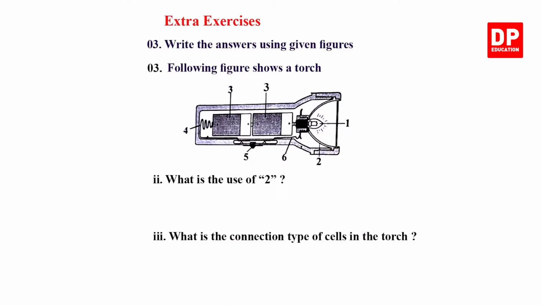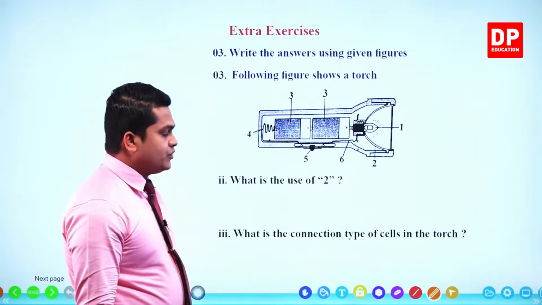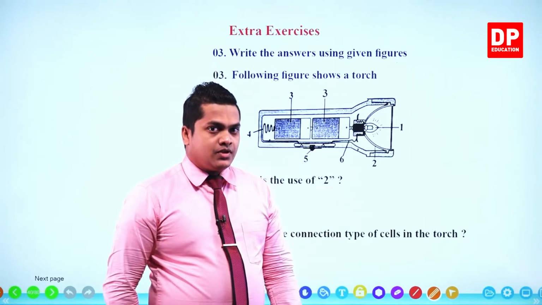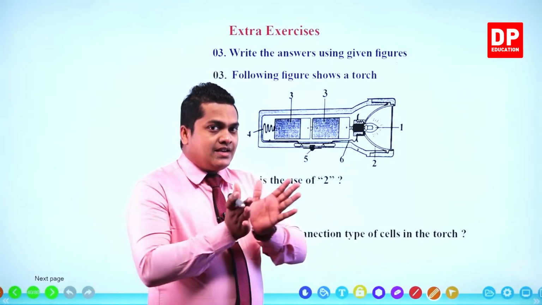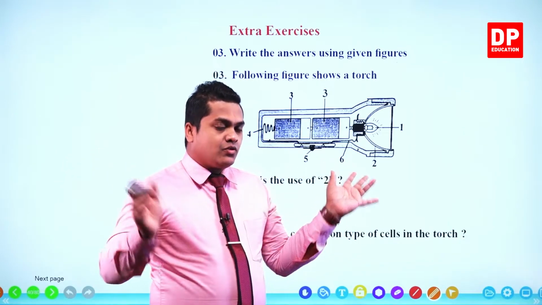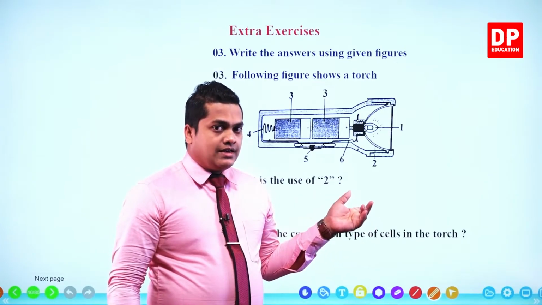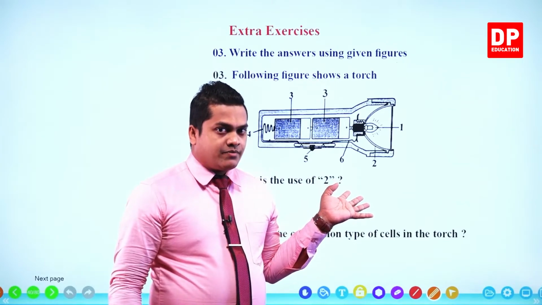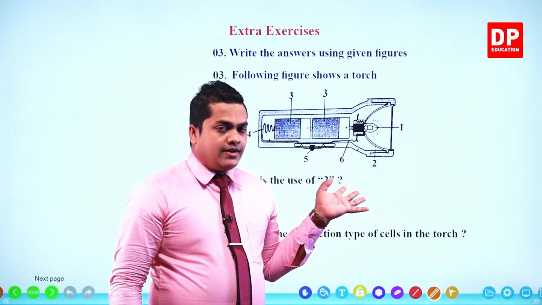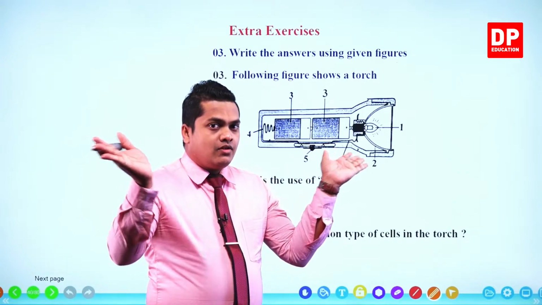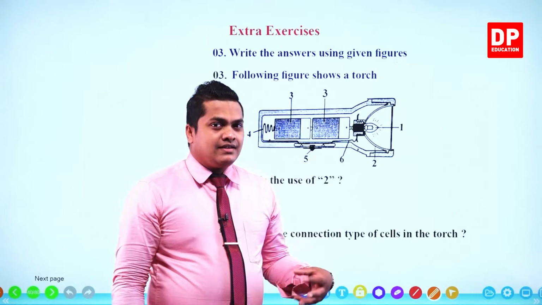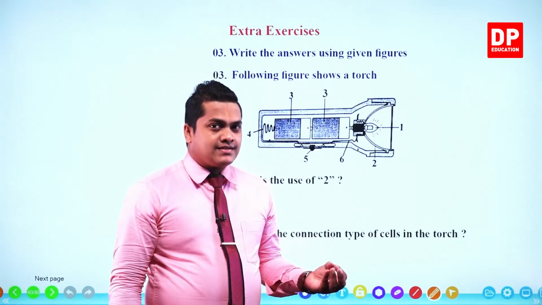What is the use of 2? 2 means the reflector. It helps to direct light into a parallel beam, right? You know that light is spreading here and there. I told you when I was teaching this lesson under the first chapter, we discussed this. Light is always spreading from a source. Light is given out as spreaded rays.